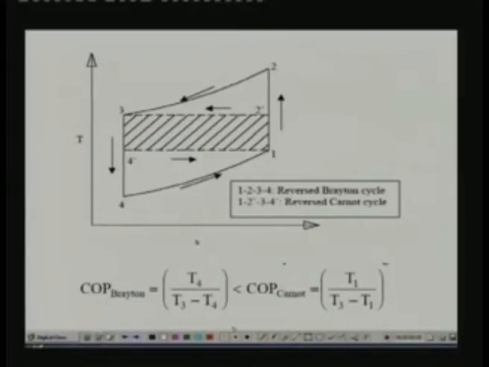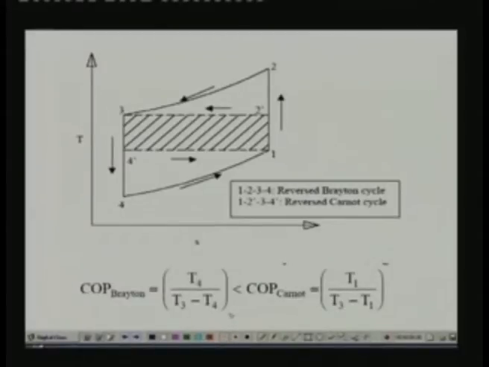If I fix the terminal temperatures of the hot and cold heat exchangers, that means the temperature at point 1 and the temperature at point 3, then 1, 2 dash, 3, 4 dash will be a Carnot cycle which has the same terminal heat exchanger temperatures as the reverse Brayton cycle.